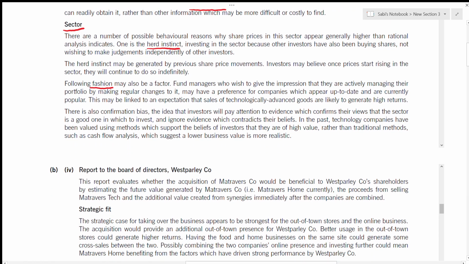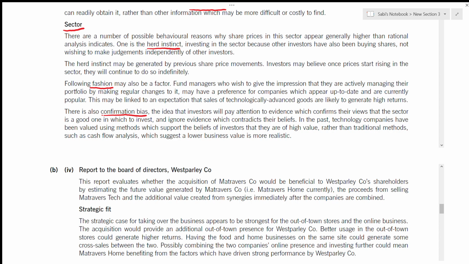And there is also a confirmation bias. The idea that investors will pay attention to evidence which confirms their views that the sector is a good one in which to invest, and ignore evidence which contradicts their belief. As humans, we always want to believe the information or evidence which confirms our decision. Even if you're wrong, you don't accept it.